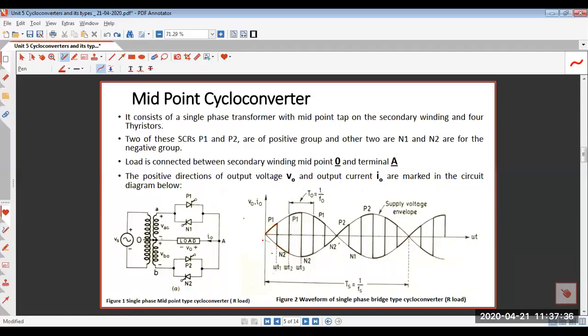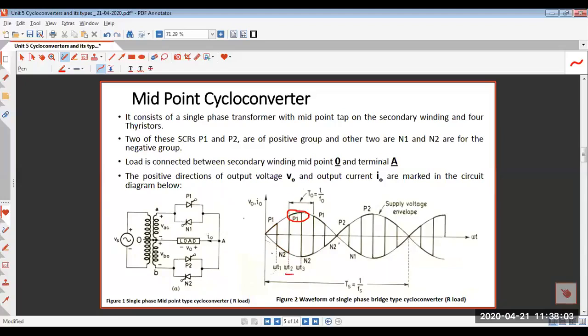You can see very clearly that this is the positive envelope of the input supply and this is the negative envelope of the input supply, right? Here P1 is still forward biased, so it is easy to trigger this SCR.